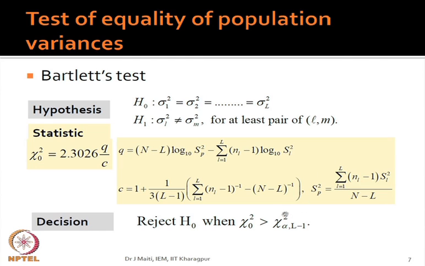It is clearly written here in the decision case that reject H0 when the chi-square computed is greater than chi-square L minus 1 for a particular alpha value. So, what do we mean then? That 2.3026 q by C follows chi-square distribution with L minus 1 degrees of freedom, correct.